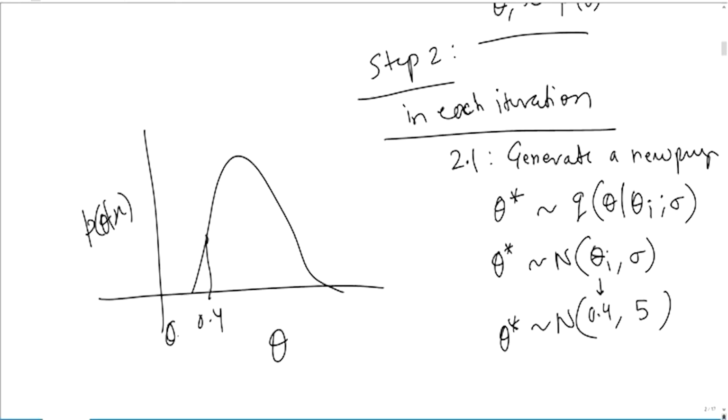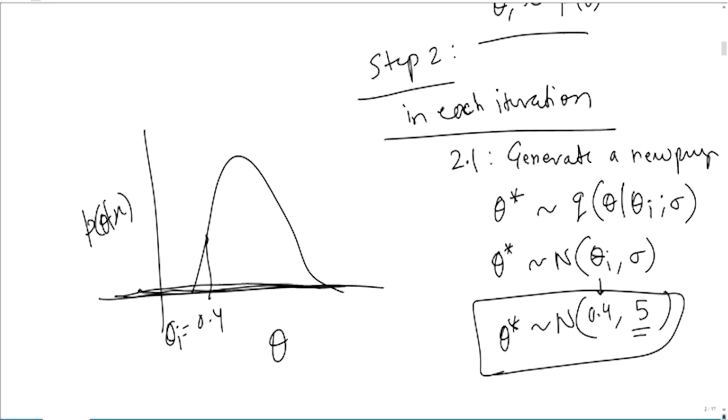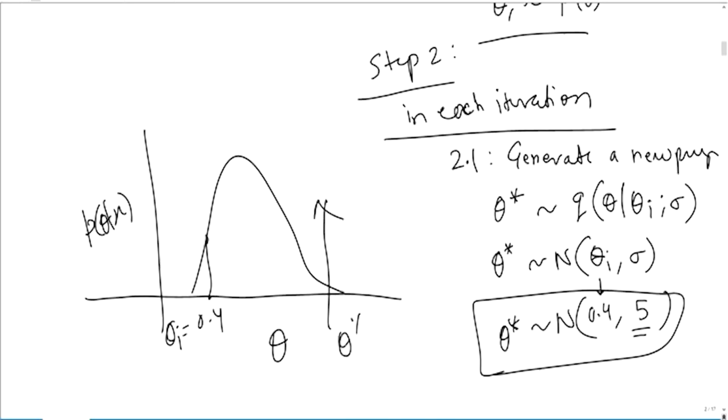If you generate from a density with mean 0.4, the current state of the chain, but standard deviation of 5, it can generate a new proposal theta star anywhere in this huge range around the current state of the chain. Let's say the new proposal it generates is somewhere here.